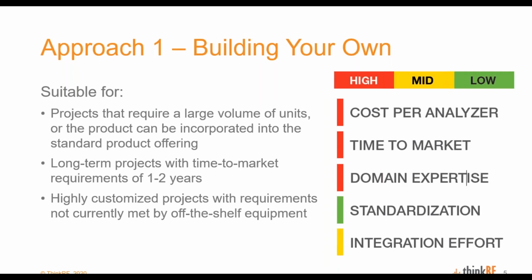This is an approach suitable for projects that require a larger volume of units, so the product can be incorporated into the standard product offering, and that allows for an approach that suits the needs associated with those factors.